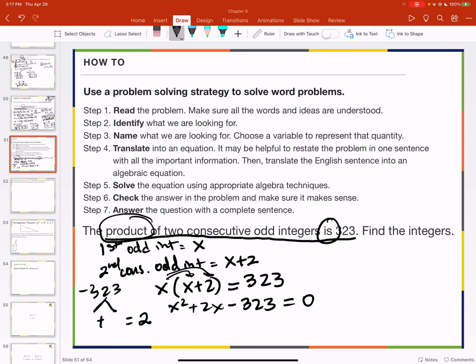So it's probably something closer to 323, or around the middle, right? Let's see. What are the factors of 323? Let's see, 323.